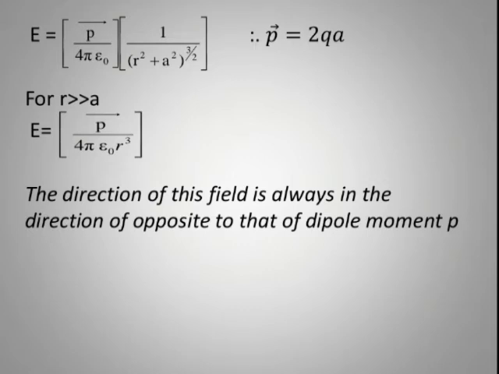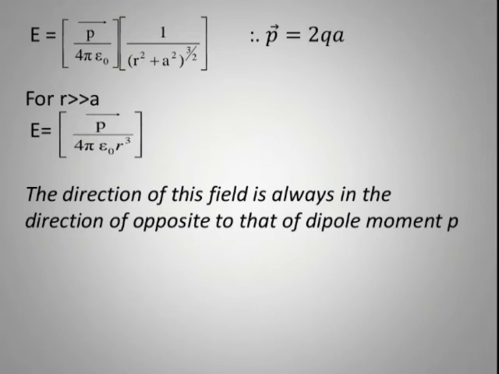So now what is remaining? r square to the power of 3 by 2. So the 2 and 2 get cancelled and finally you would get P divided by 4 pi epsilon naught r cube. So this is your electric field representation, or the formula for what? To find the electric field at the equatorial point.